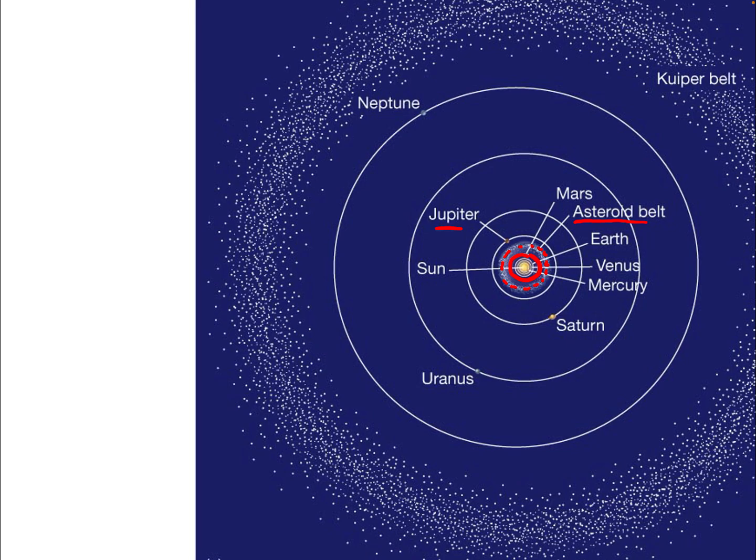Okay, and then we have a big jump until we get to Saturn. So now the distances between the planets grows. Because again, right, lots of clustering with Mercury, Venus, Earth, and Mars. But then the distance between Saturn and Jupiter, not so much, right? They're spread apart. And then to get to the orbit of Uranus, the one that was not observed by ancient astronomers, it's further still. And then Neptune is another big gap.